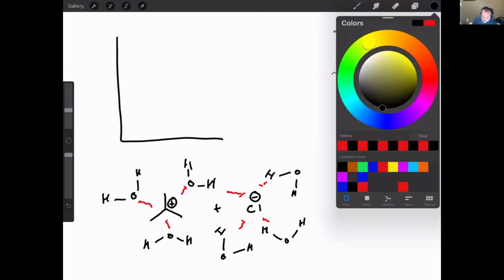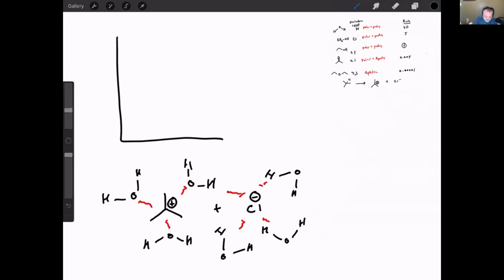So what does that mean as far as the reaction coordinate goes? If I draw a reaction coordinate for this process, and I think about this particularly polar solvent being able to stabilize the intermediates, and remember that the intermediates are minima, and I use an aprotic solvent.